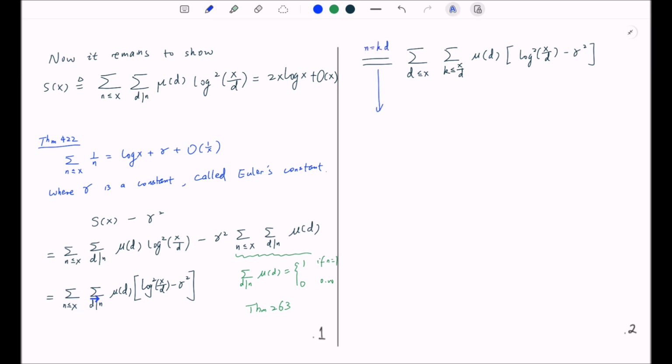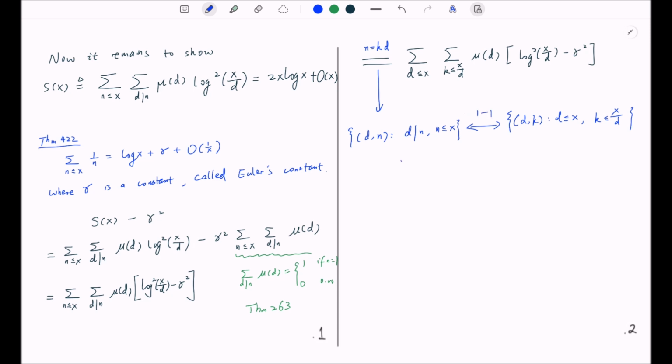To explain that this double sum is the same as this double sum, you simply have to notice that there's a 1-1 correspondence between the set of pairs d, n with d divides n and n less than or equal to x, and the set of pairs d, k with d less than or equal to x and k less than or equal to x divided by d.